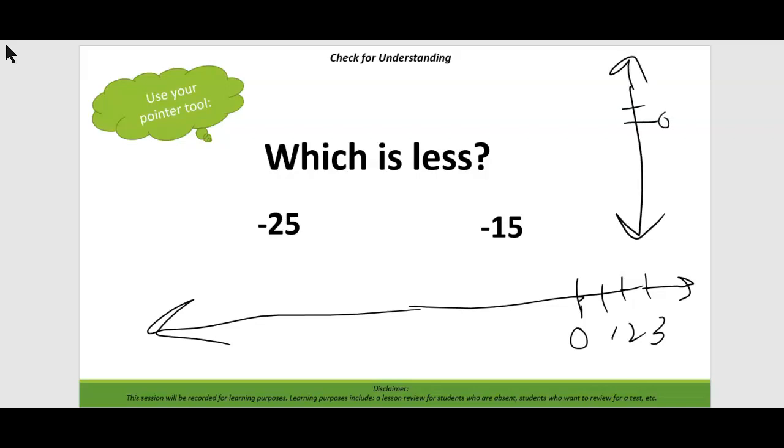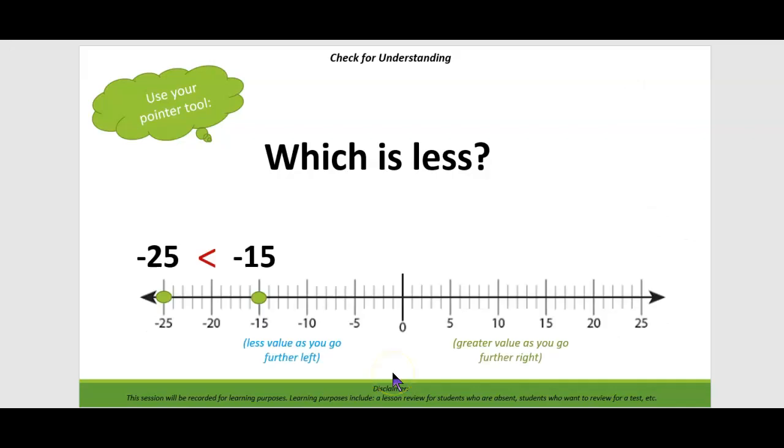If this is 0, 1, 2, this is -1, -2, -3, which one's going to be down the most? That's going to be less. So in this case, down is less, up is greater. Greater going up, less going down.